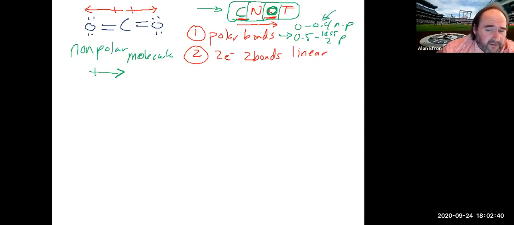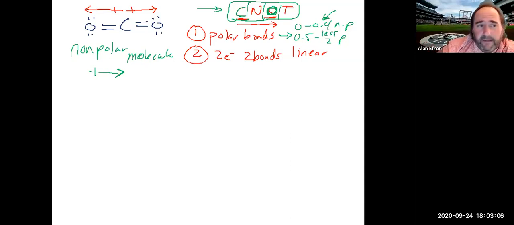You can go find the values if you really want. But whenever you have two elements that you're trying to compare, is that bond going to be polar or nonpolar? If they're in the same row or period, the one that is further to the right will be more electronegative and probably will create a polar bond. And if they're in the same group, the one that is further up in the group will be more electronegative and probably create a polar bond.